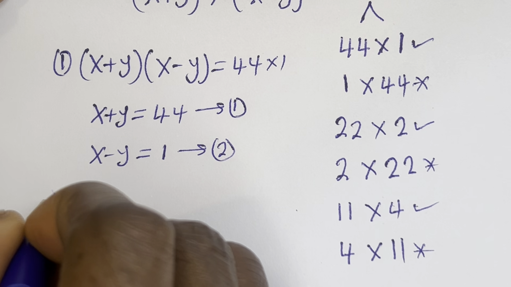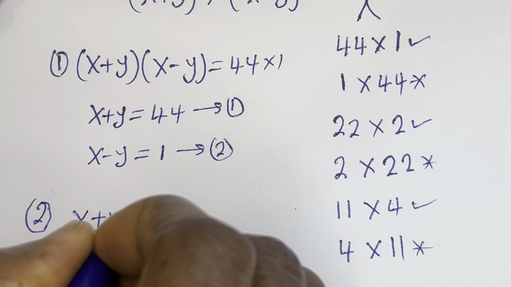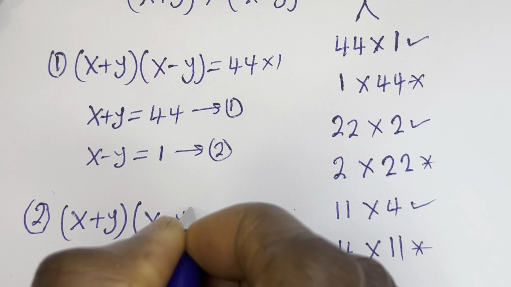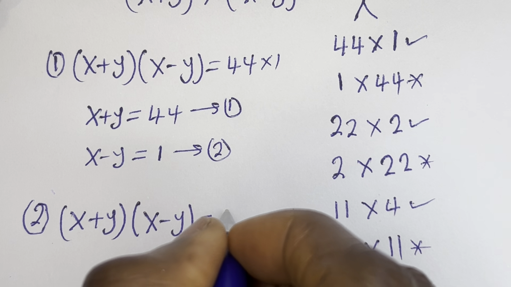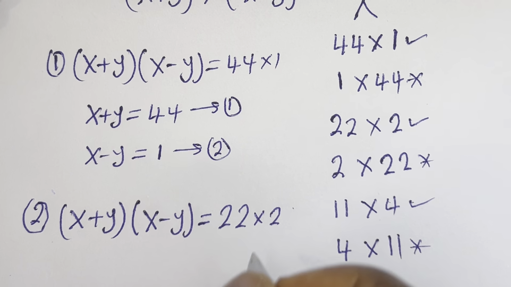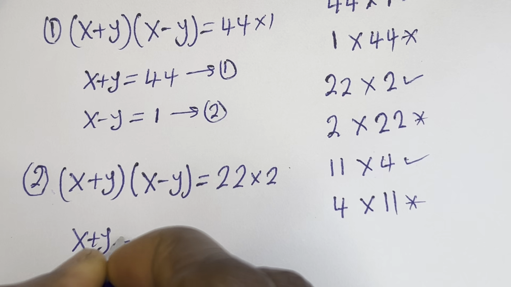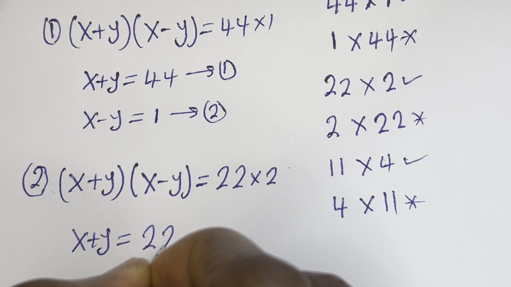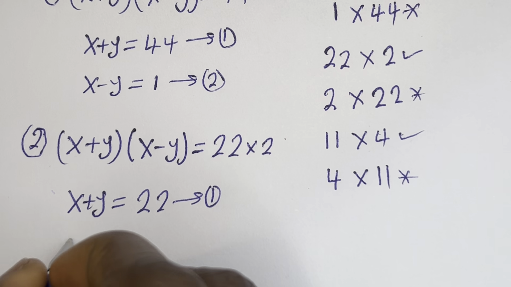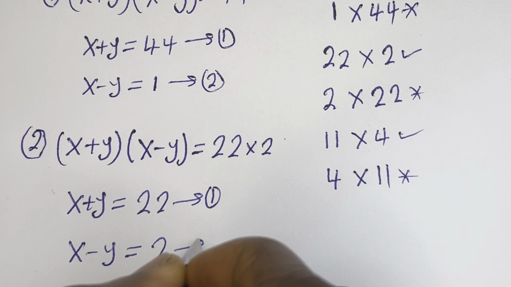Now the second case, we have (x plus y)(x minus y) is equal to 22 multiplied by 2. Now x plus y is equal to 22. This is equation 1. x minus y is equal to 2. This is equation 2.